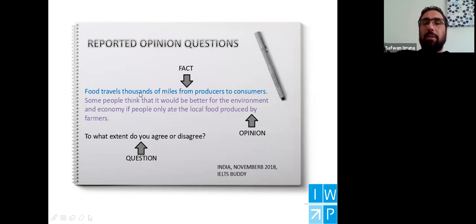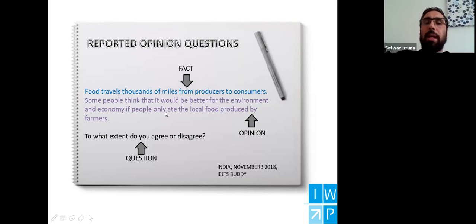This is just being given as a fact. But then we have an opinion. There'd be no point agreeing or disagreeing with it if it's given to us as a fact, and no point really writing an essay if we already take it as a fact. So we're not really responding to the fact. We're responding to the opinion.